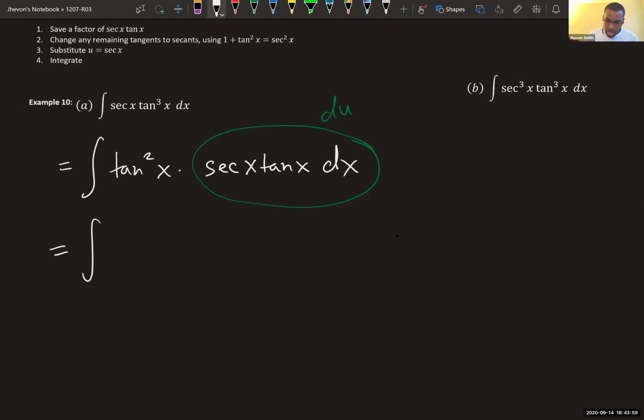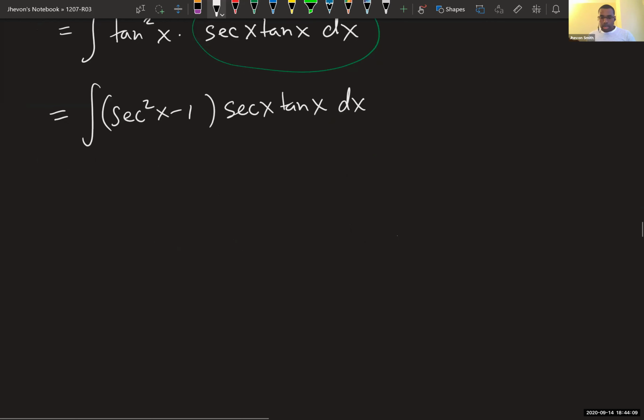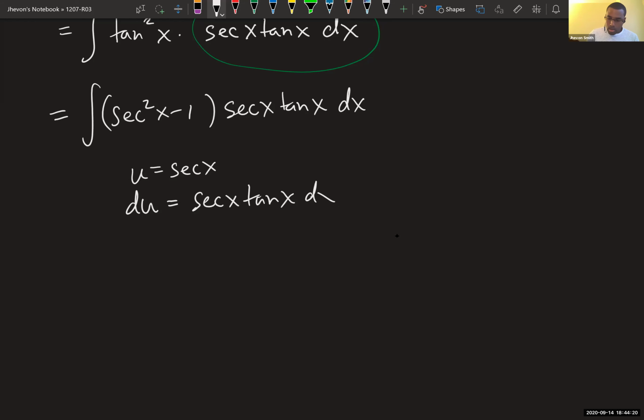And of course we can do that because we know that tangent squared is secant squared minus 1. And so now I would do u equals secant. My du is going to be secant tan. And so we end up with u squared minus 1 du.